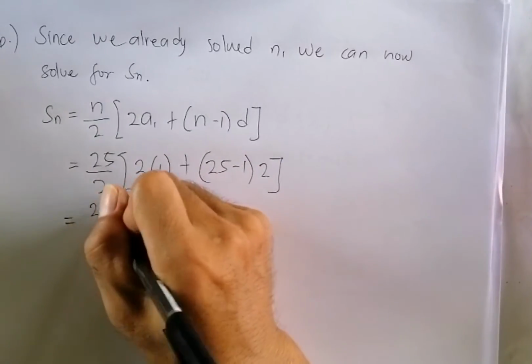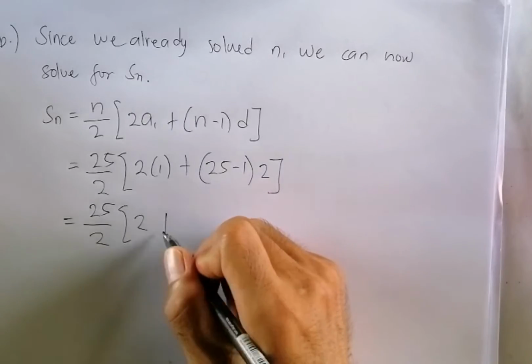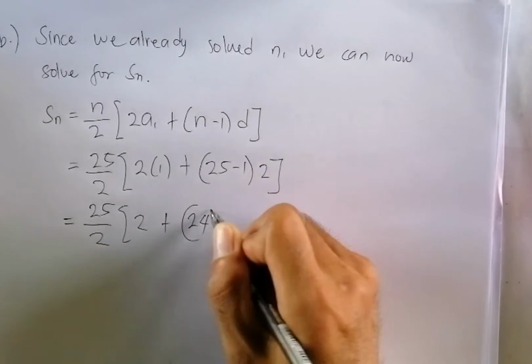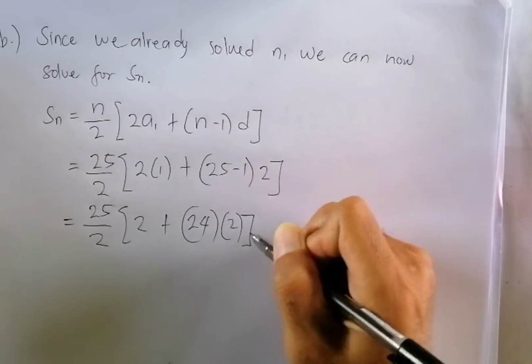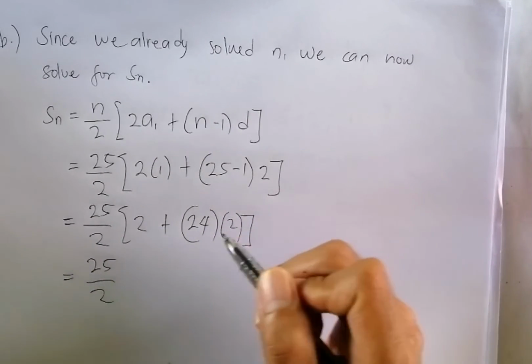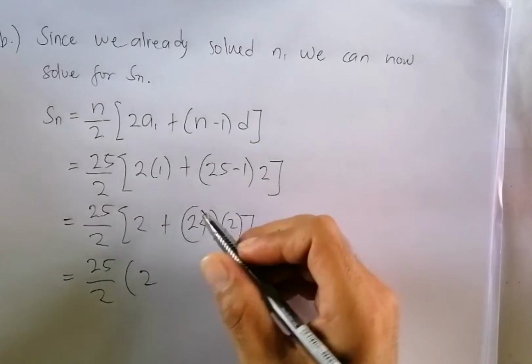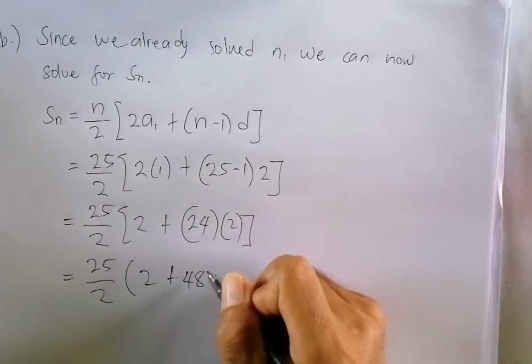So that's equal to 25 over 2. Then simplify the number inside the parentheses. So 25 over 2, that is equal to 2 plus 24 times 2. So that is equal to 48.